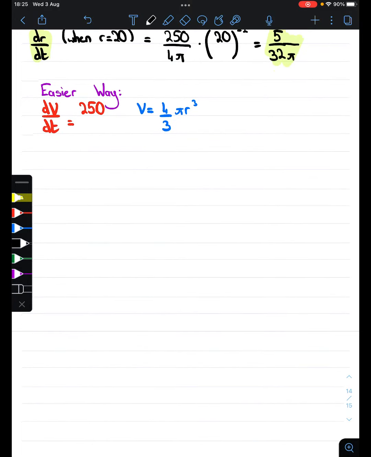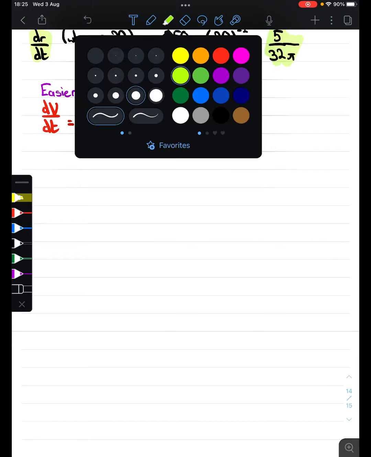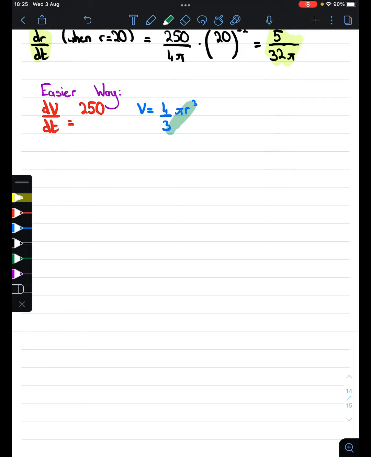Now, what do I mean by this? Well, if we try to differentiate this formula with respect to t, well then dv dt, kind of like how it was for dr dt, would be dv dr, so v differentiated with respect to r, because that's what we have, and then multiplied by dr dt.